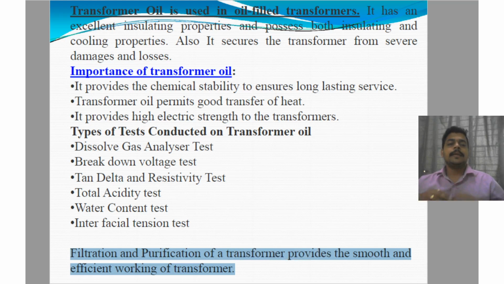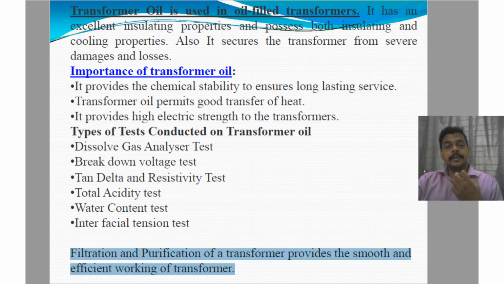So one can say that if the breakdown voltage of the transformer oil is less than 60 kilovolt, then we have to make sure that the breakdown strength withstands this limit, and if the breakdown strength value decreases, then we have to filter or purify that transformer oil periodically.